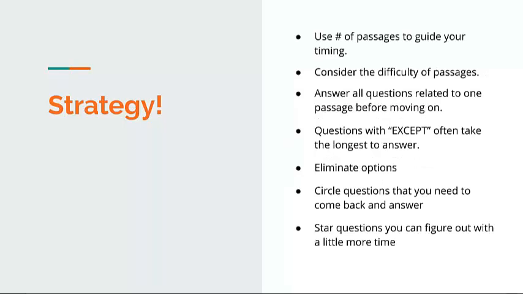Last but not least, you're going to try these strategies as well. Use the number of passages to guide your timing. For example, if you know there are 4 passages in this section, then you know that 30 minutes into the exam, you should be moving on from the second to the third passage.